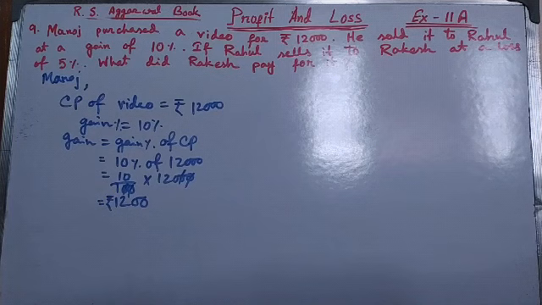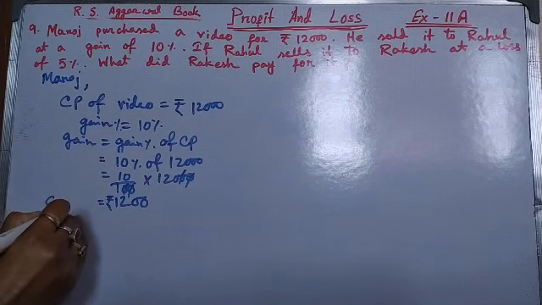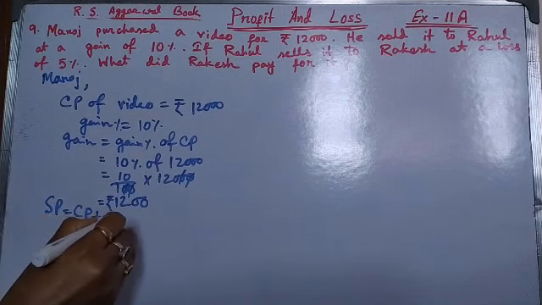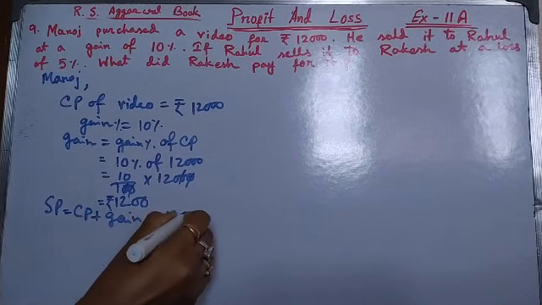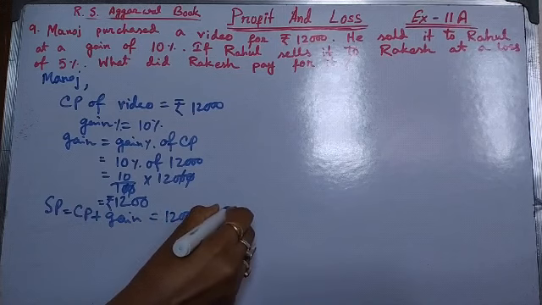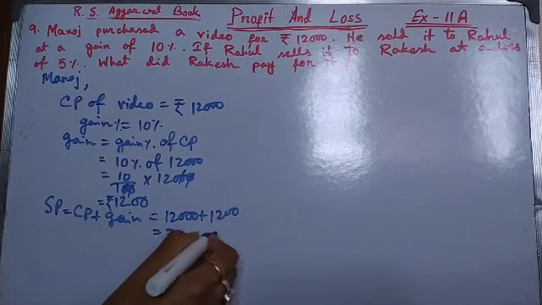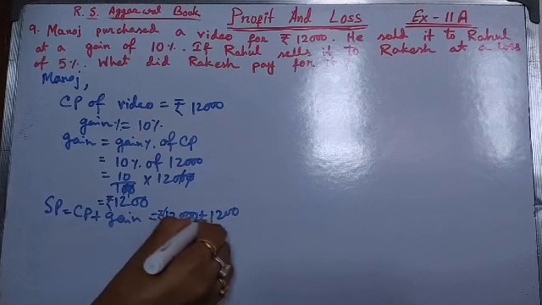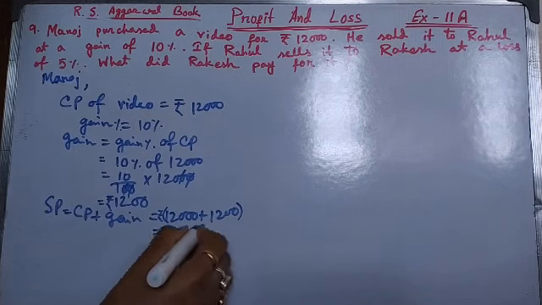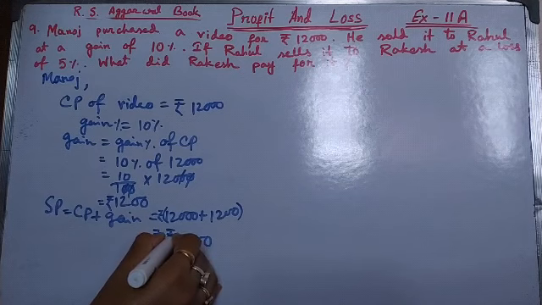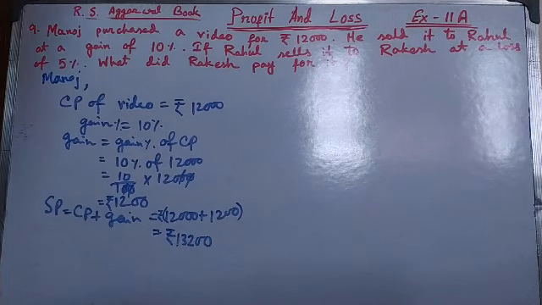Gain is 1200 rupees. So SP will be CP plus gain. That means CP is 12,000 plus gain 1200, that means rupees 13,200. That is Manoj's SP.